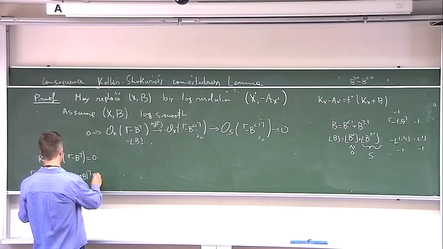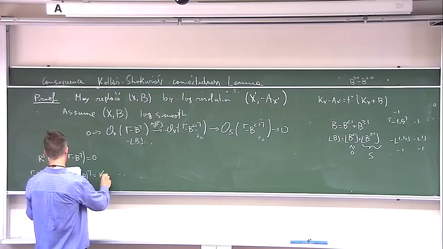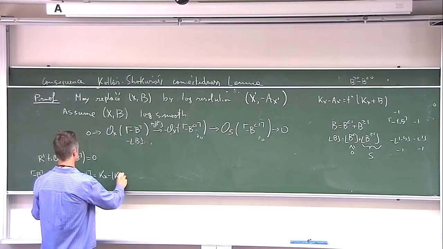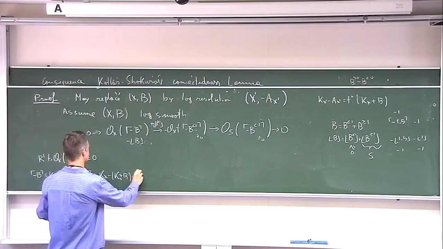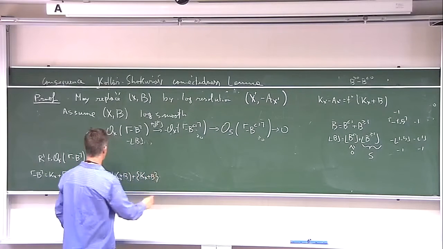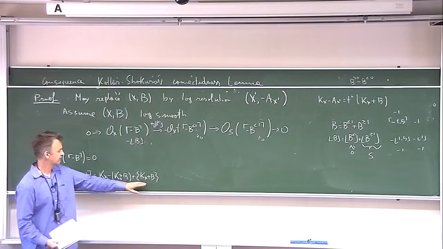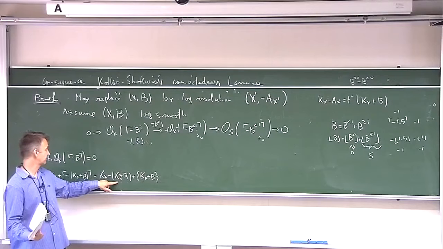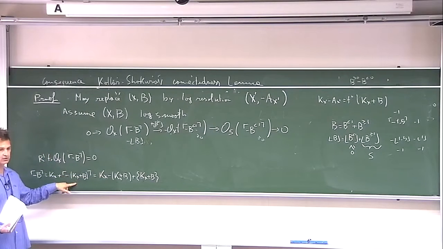But now, this is the same as K_X minus K_X plus B plus the fractional part of K_X plus B. So when you think about it, this fractional part is going to kill the fractional part here, and you're going to end up with an integral divisor. What integral divisor? This integral divisor.